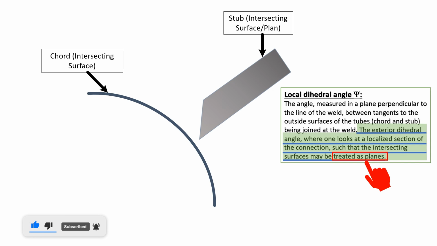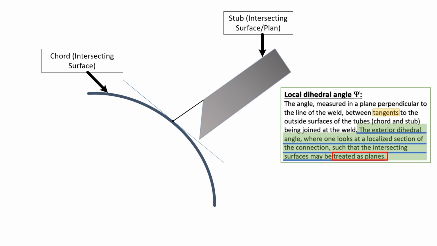Therefore, as per the second line of the definition, it is necessary to identify the tangent. Extend the plane of the stub onto the chord, then draw a straight tangent touching the intersecting point between the stub and the chord.